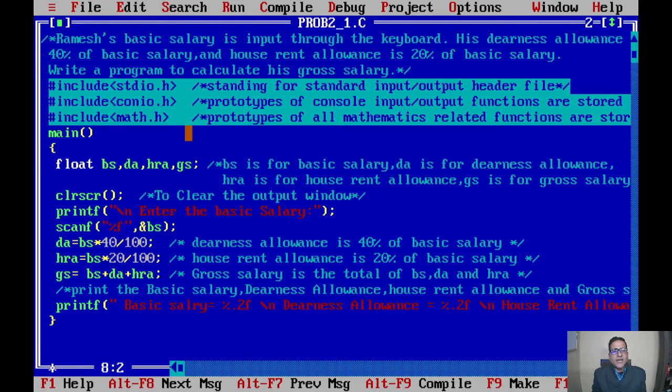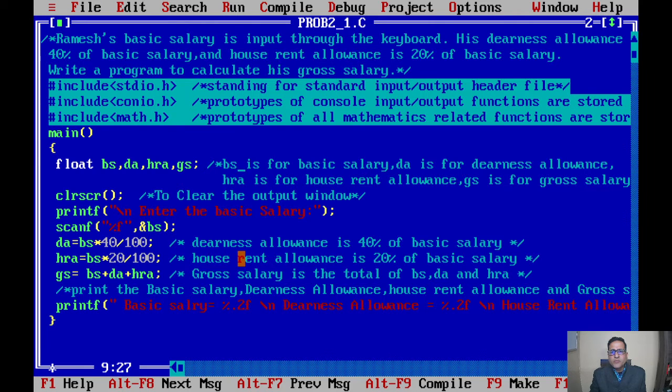I have said that every C program has a function which is main. After that we will use the braces, and as discussed here we will take these four variables: BS, DA, HRA and GS. All these four variables are of float type.